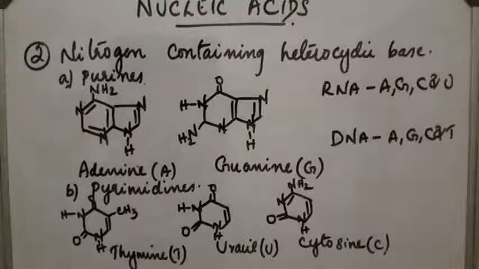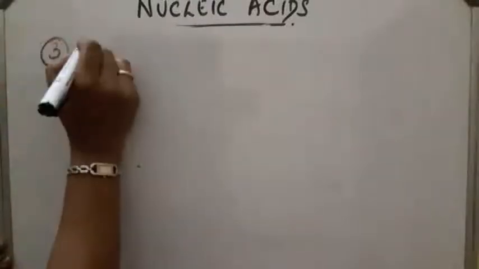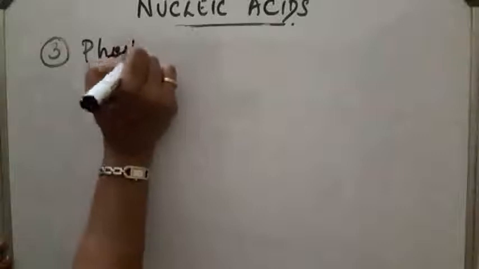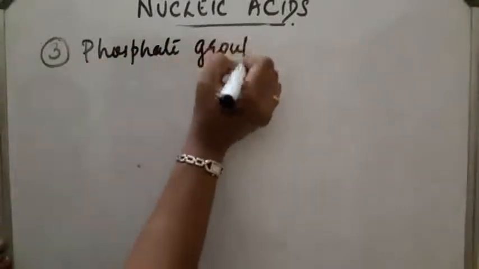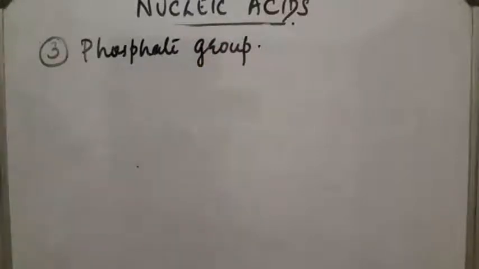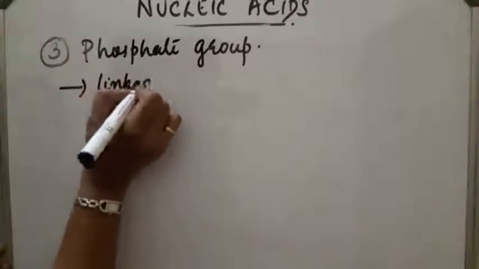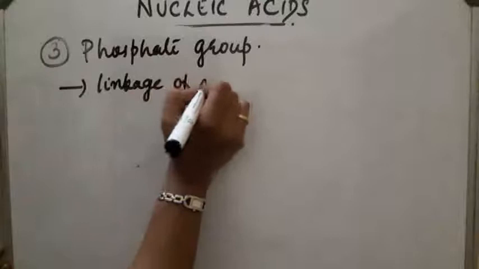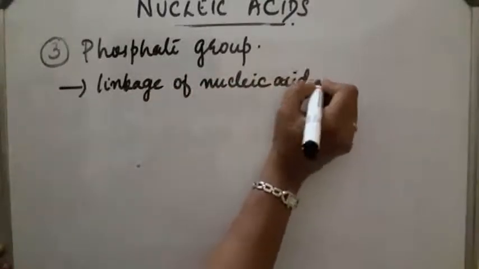Next, the third part of nucleic acid is the phosphate group. The phosphate group is responsible for the linkage of nucleic acid polymers. The linkage takes place through the phosphate group.